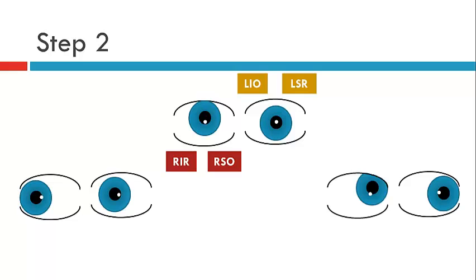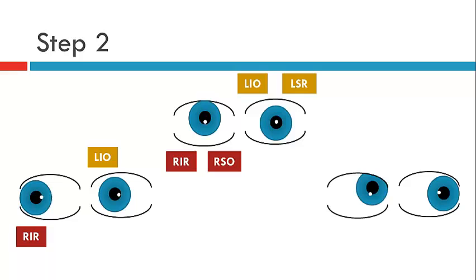Now, upon observation, we can see here that the increase occurs in left gaze, not in right gaze. In right gaze, we don't see any hyperdeviation. Okay, why is this important? Let's have a look at the patient in right gaze. Of the 4 muscles we identified above, the 2 that could potentially impact on the vertical deviation in right gaze are the left inferior oblique and the right inferior rectus.